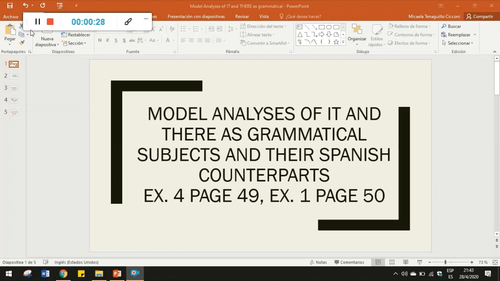In this case, we're going to see together two analyses, one of an it sentence and another one with a there, both pronouns functioning as grammatical subjects. These exercises were taken from page 49, exercise 4, and page 50, exercise 1. So, let's start.